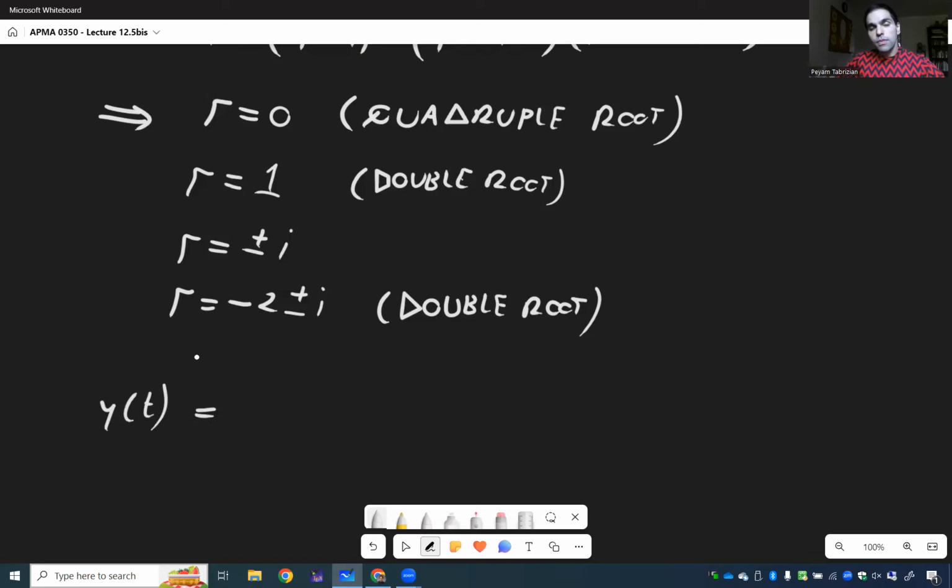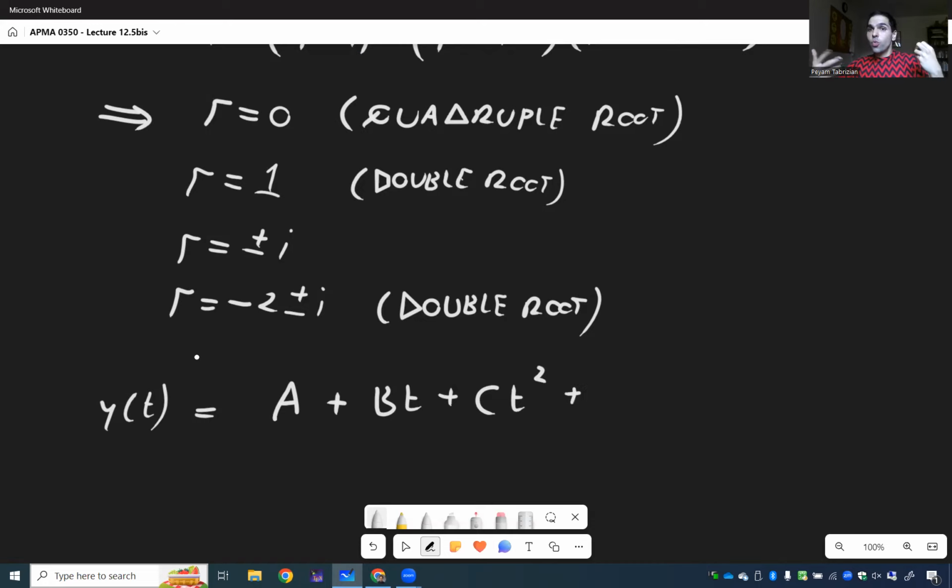So r equals 0 would give us a e to the 0t, which is just a. Now, since 0 is repeated twice, we put an extra t. So bt e to the 0t. Since it's repeated 3 times, we put ct squared e to the 0t.